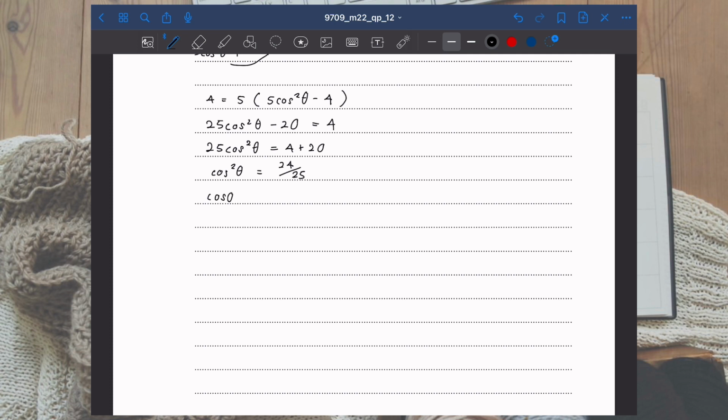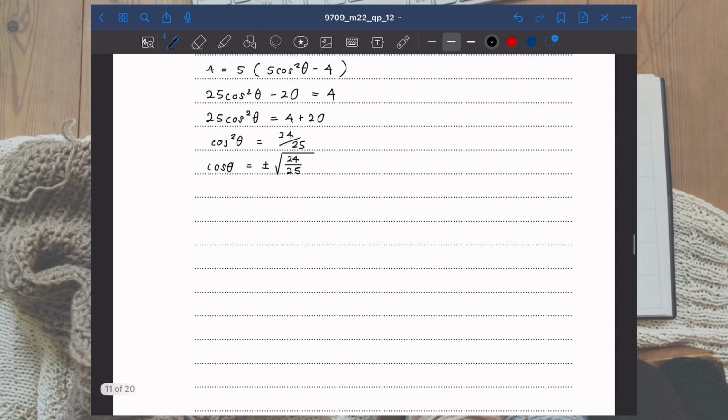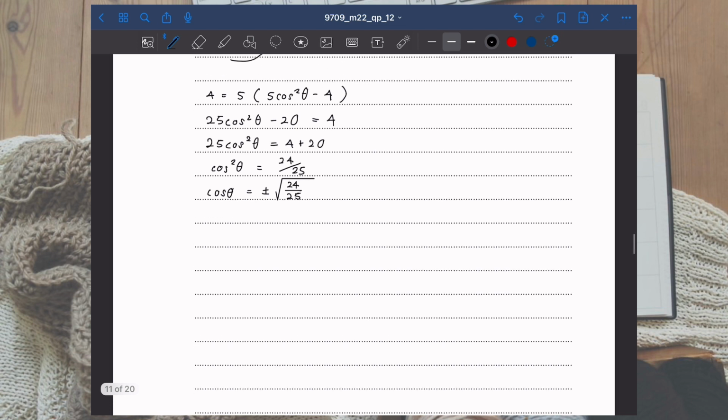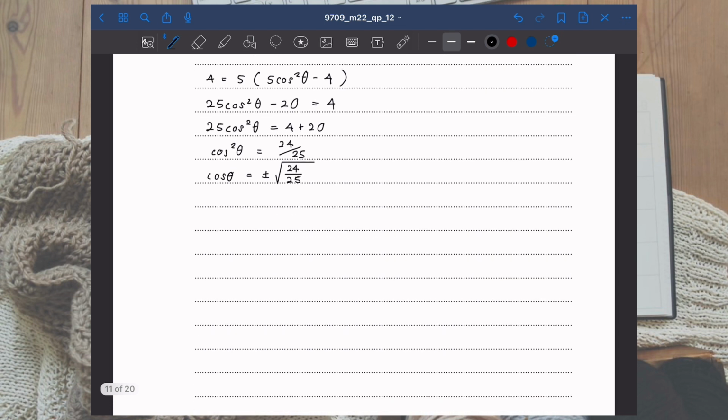So cos θ will be plus or minus the square root of 24 over 25. So we'll have cos θ is either the positive square root of 24 over 25, or cos θ is the negative square root of 24 over 25.